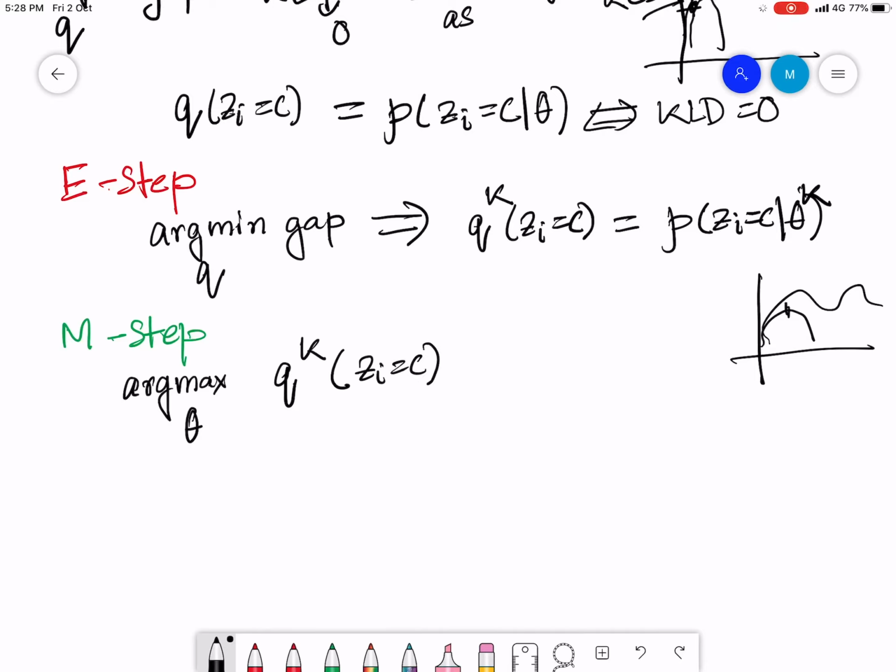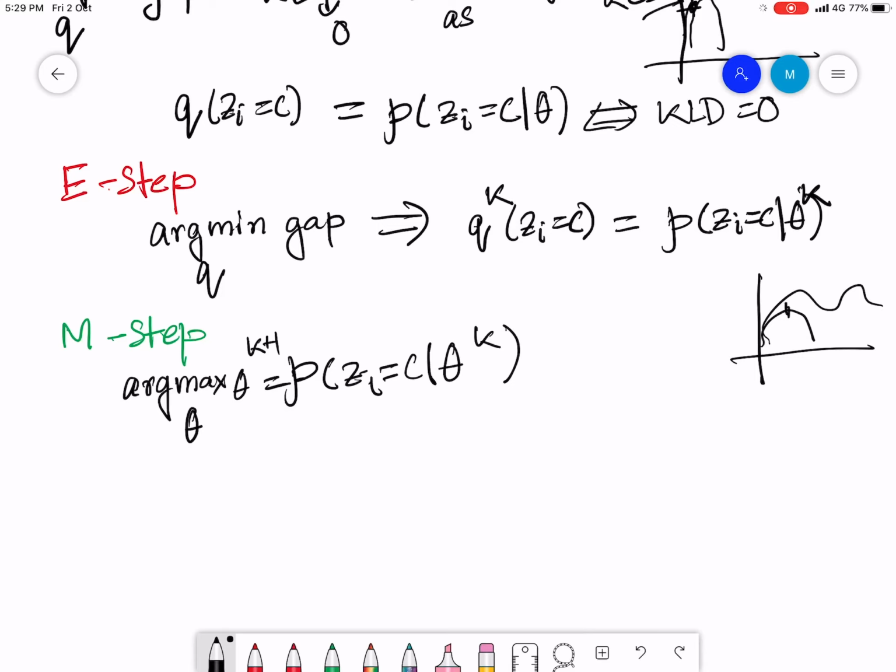But Qk I already know from the E step. So it is basically argmax of P(zi = c given my choice of theta k), and this will give my updated value of theta.